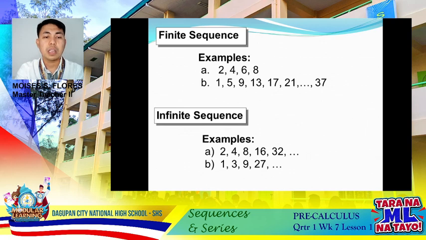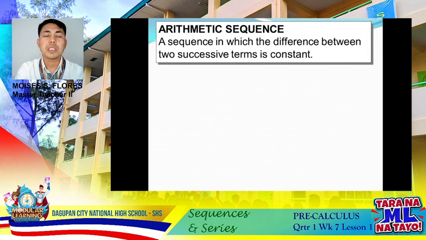Let's have the first type of sequence, the arithmetic sequence. An arithmetic sequence is a sequence in which the difference between two successive terms is constant. For example, 5, 10, 15, 20, and 25.